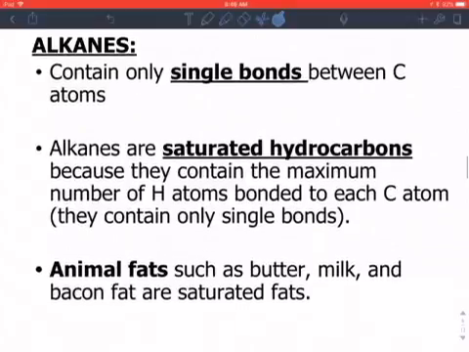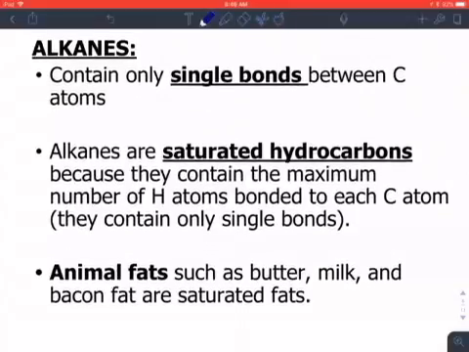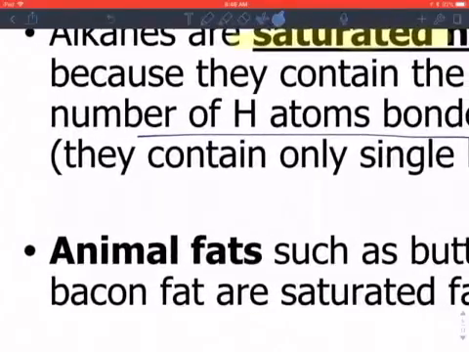One last little thing. Alkanes, as we stated, they contain only single bonds. We've already got that information. And we also say that they are saturated. Now, what does saturated mean? Saturated means they contain the maximum number of hydrogen atoms bonded to each carbon. Let me draw a picture to represent that. Let's say I had a chain of carbons that had 3 carbons.